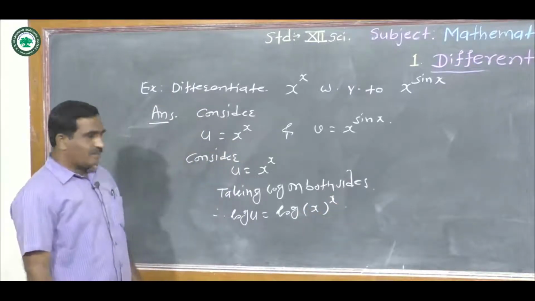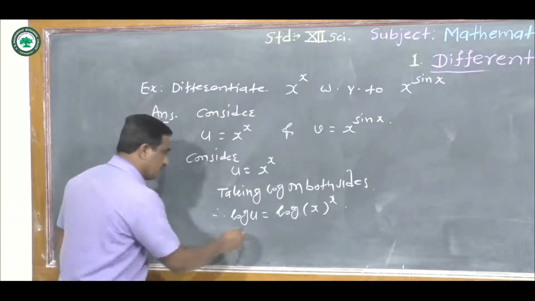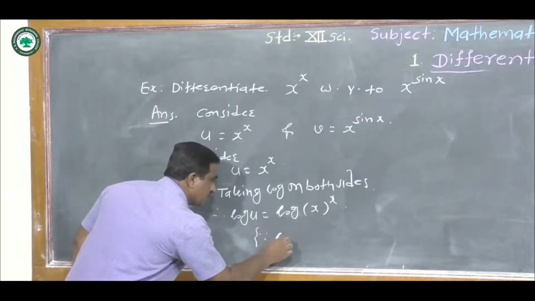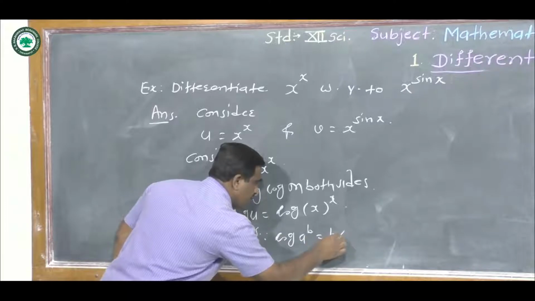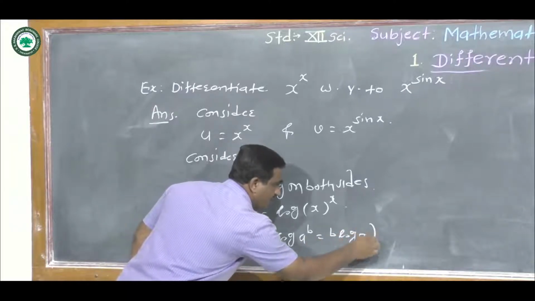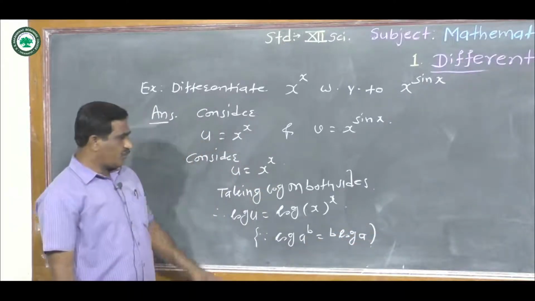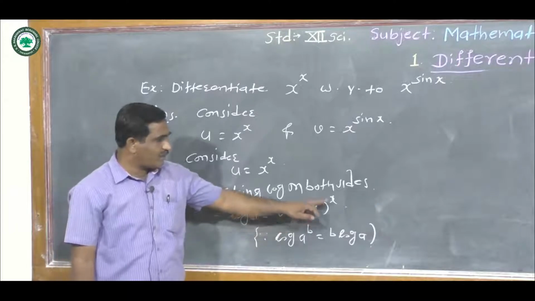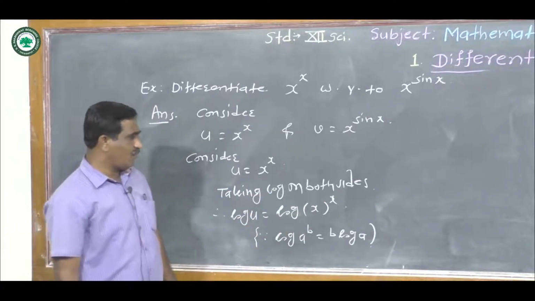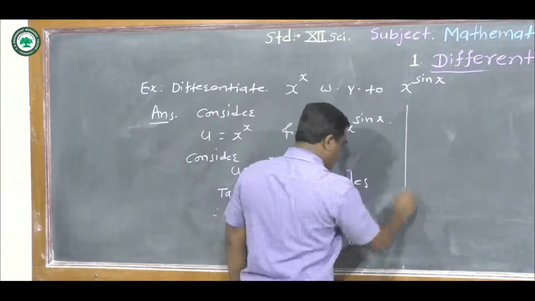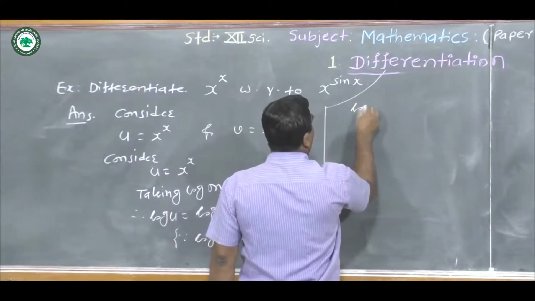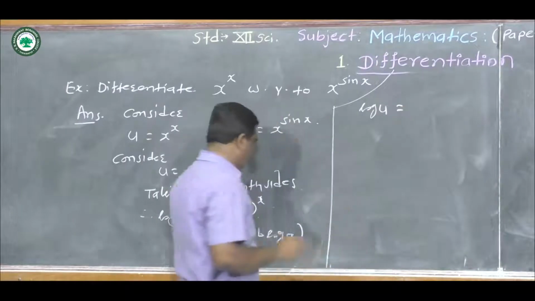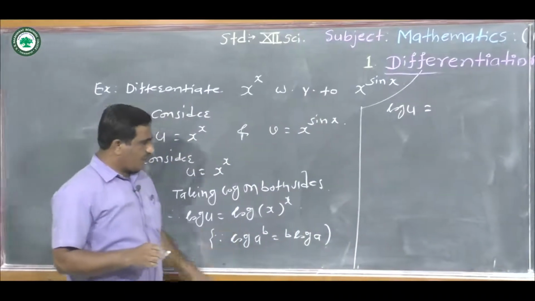Now use the logarithmic rule here. The rule is, since log of a raised to b is equal to b into log a. Using this rule we can write the value of log of x raised to x is equal to x into log x. Therefore we can write here log u is equal to x into log x.